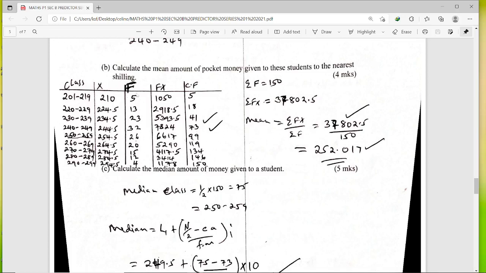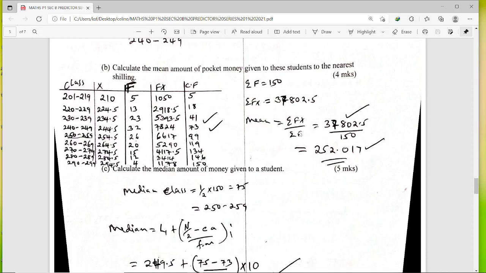After you've done all this, we find the summation of f. We add all of this, which is the same as the cumulative frequency, and it gives you 150. Then the summation of fx, you add all of them, and you get 37,802.5. Then we also need to find the mean. The mean is equal to summation of fx over summation of f.